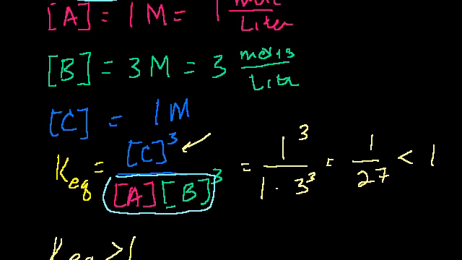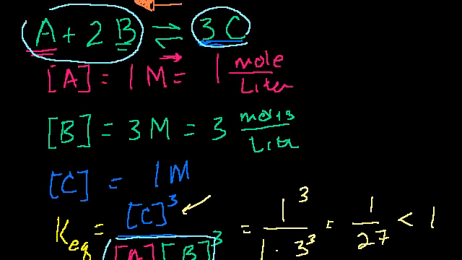The other interesting thing is you can figure out what happens if I add another mole of A to the reaction. So let's say I add some concentration of A, so now my new A is equal to 2.